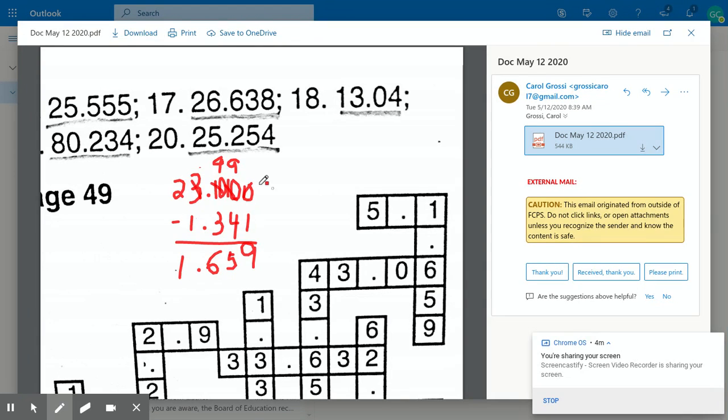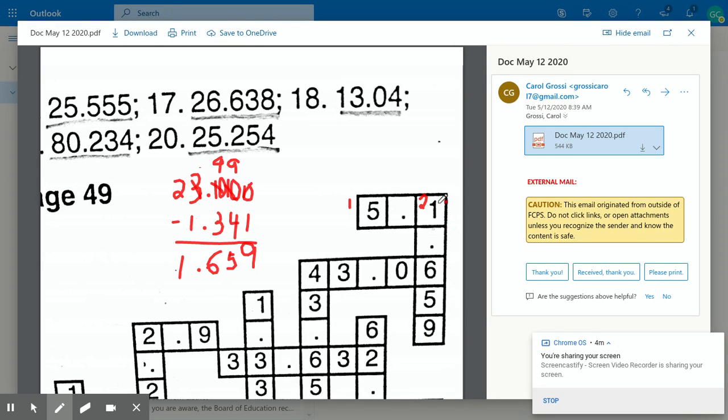So once you set up your problem, you just subtract just like normal and just keep those decimal points lined up. And then your answer for number 2 down, so like this was number 1 across, and this was number 2 down, and your answer is 1 and 659 thousandths. So you can see how they put 1 and 659 thousandths.